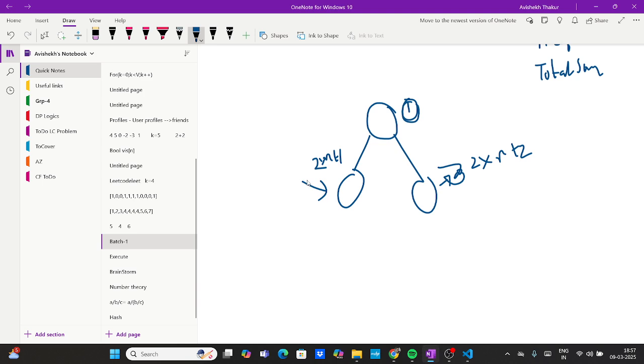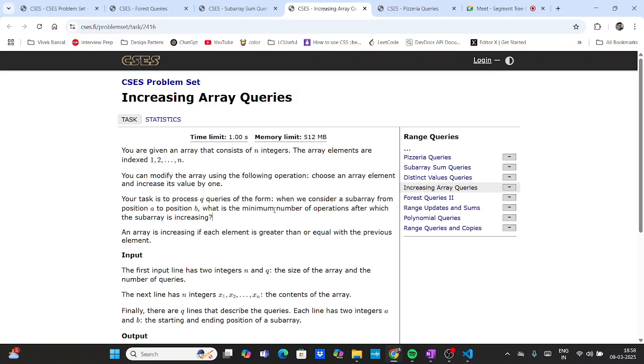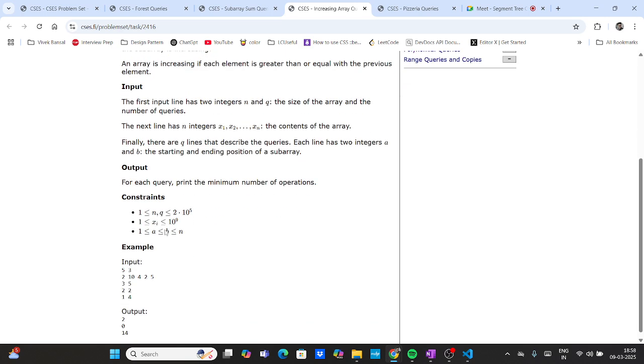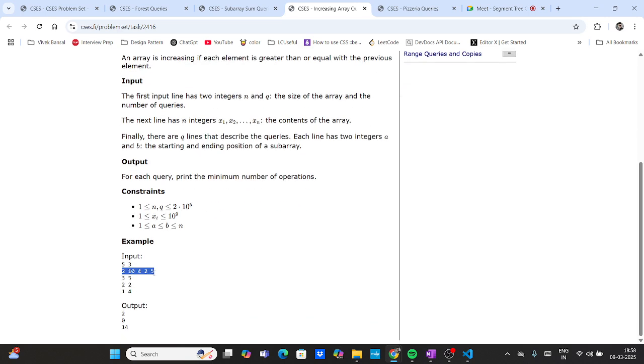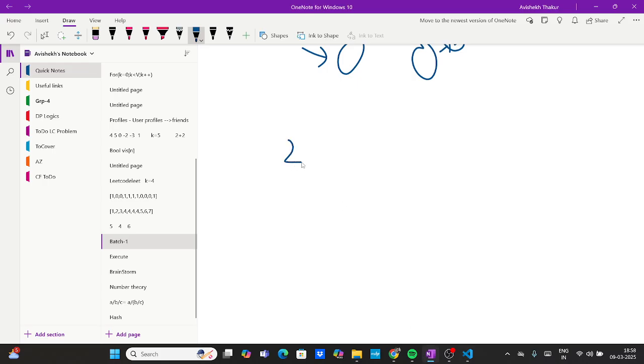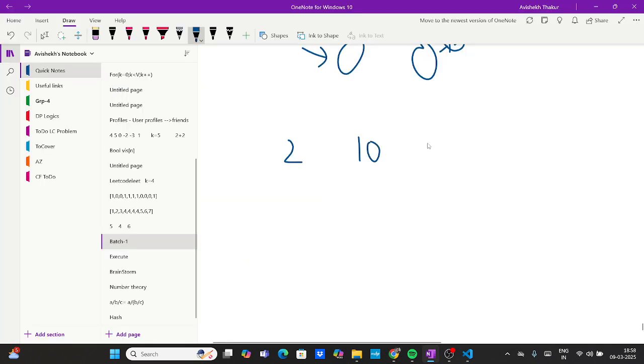So same question. Instead of that, you can modify the array by choosing an array element and increasing the value. So can you see this: 2, 10, 4, 2, 5? Let's say you are given this array.